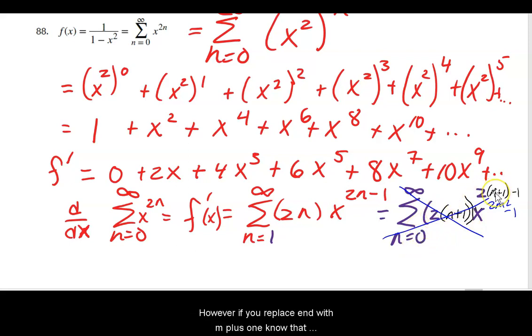However, if you replace n with n plus 1, note that you can replace only the n, not add 1 to the power. This gave me 2n plus 2 minus 1, which is 2n plus 1. In other words, it didn't help. I still have something with an additional term in the power.